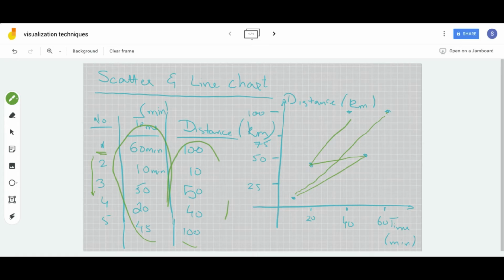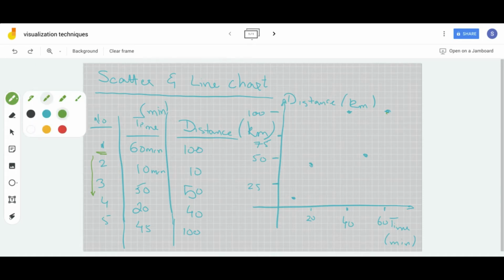However, a scatter plot in this case is a better choice, because what this allows you to do is see how everything relates. So let me change the color here. I'm going red. What this means is that I can do a best fit for this curve.